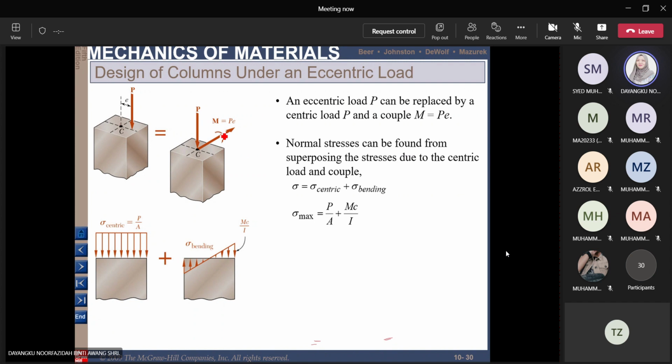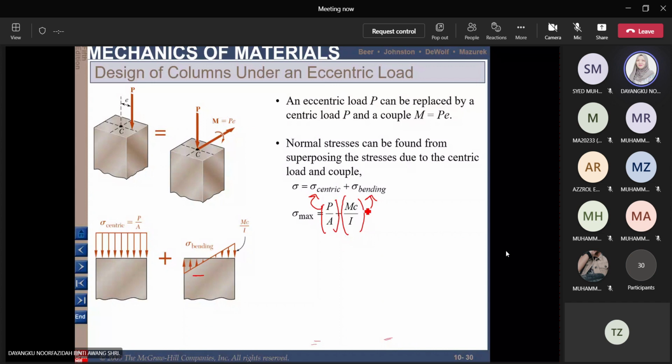For the eccentric loading, we can get the value of the stresses as the combination of both: one from the centric loading and one from the bending, which is contributed by the moment over here. So we will have our maximum stress as P over A, from the centric loading, plus or minus the stress from the bending, which is MC over I. That will be the maximum stress.